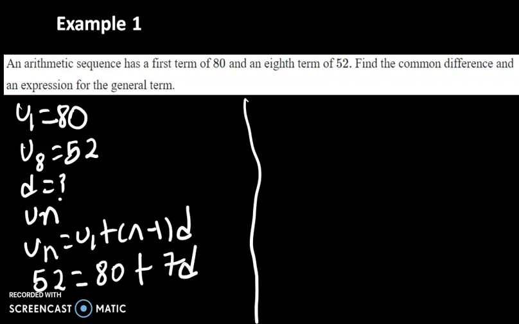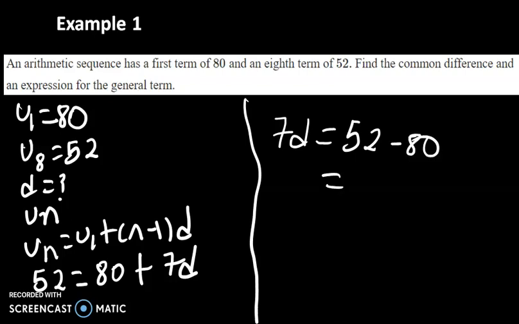To calculate the value of d, take 52 minus 80.